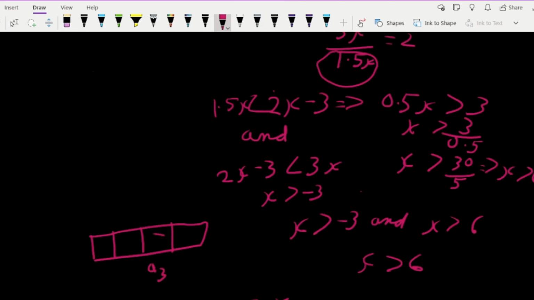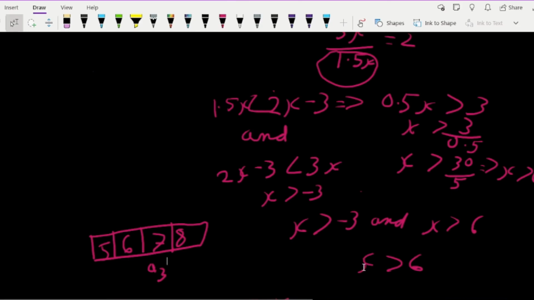So we can start this a3 value from 7 and can go anywhere beyond 7. And since this is an arithmetic sequence with a constant common difference of 1, here we will take 6, here we will take 5, here we will take 8. So this will hold good.